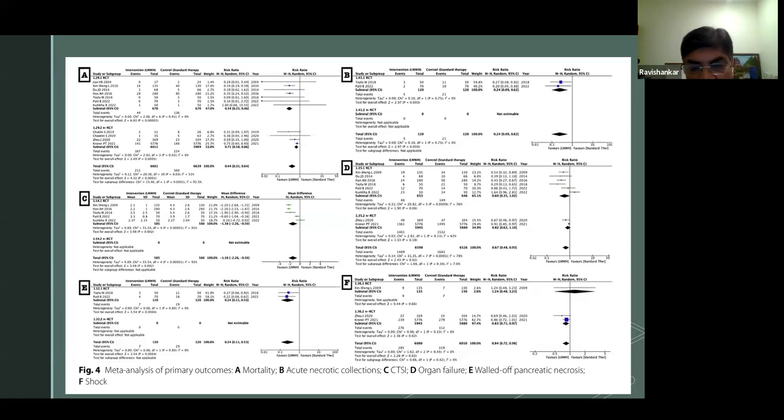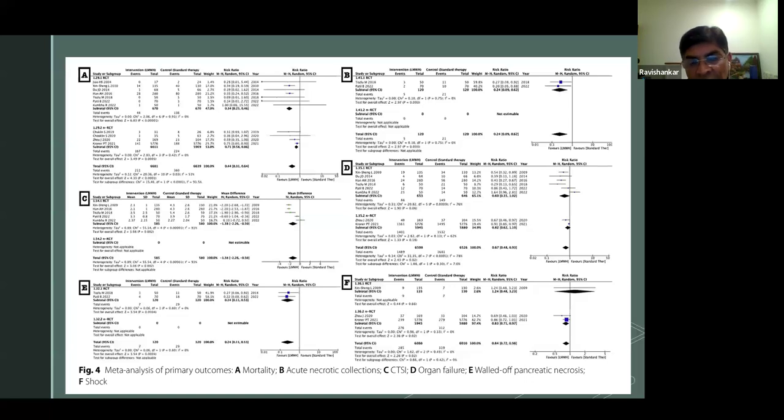Just a minute, ma'am. Yes, sir. You are right. People understand that the diamond should be on the left side. As it is facing you, so your left hand. If the diamond is on the left side of the vertical line, that means it is statistically significant in favor of the intervention.